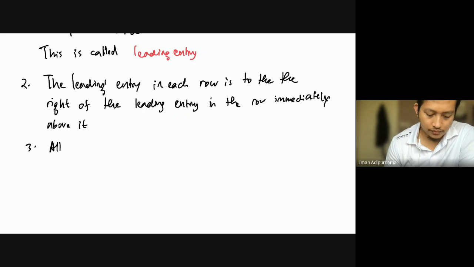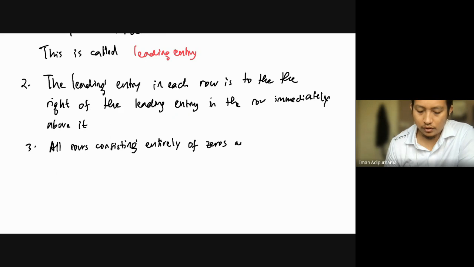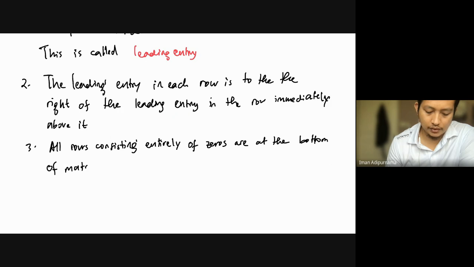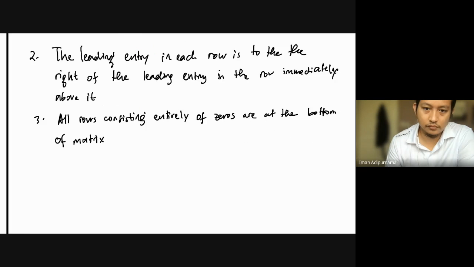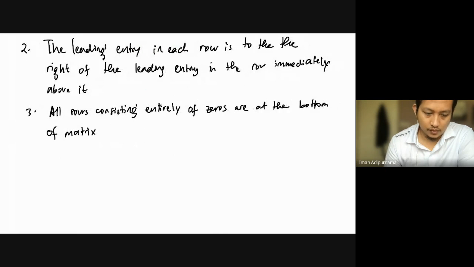All rows consisting entirely of zeros are at the bottom of the matrix.